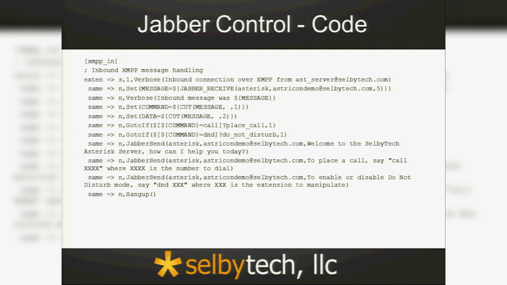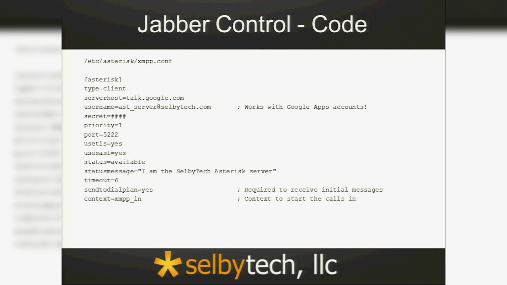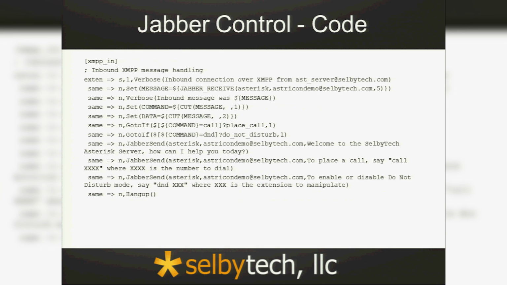You receive the message using the function JABBER_RECEIVE. Asterisk is the XMPP buddy you've defined in xmpp.conf. Astricon at SelbyTech.com, that's the buddy you're going to send the response to. And 5 is the timeout that you're going to wait for them to send you a response before you go ahead and disconnect the call.